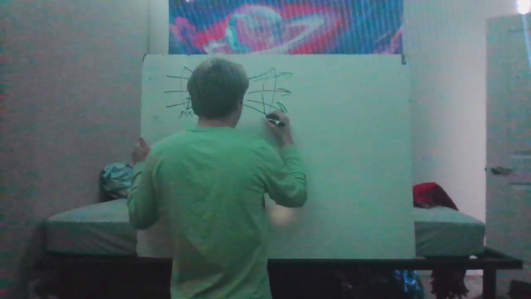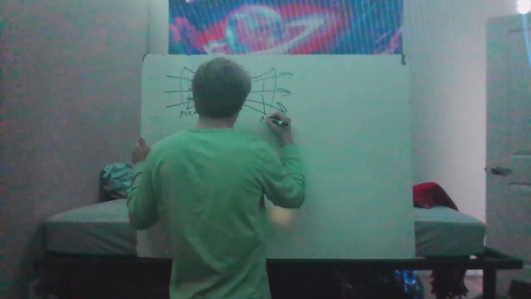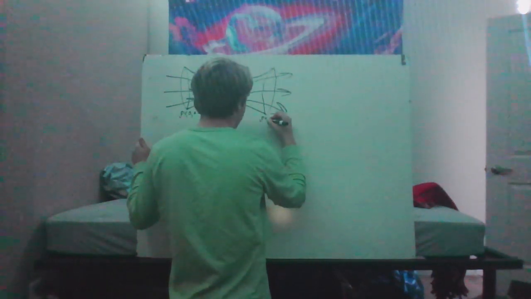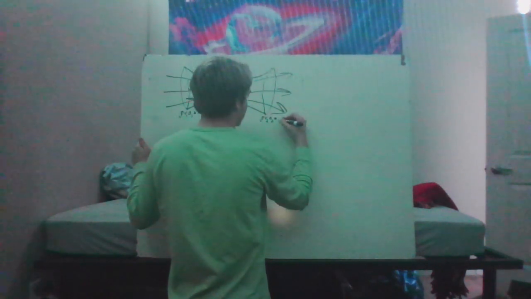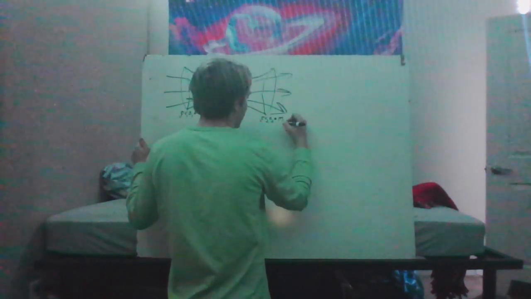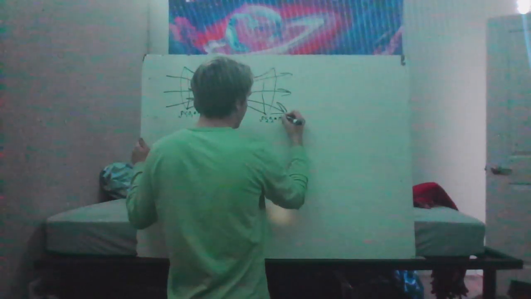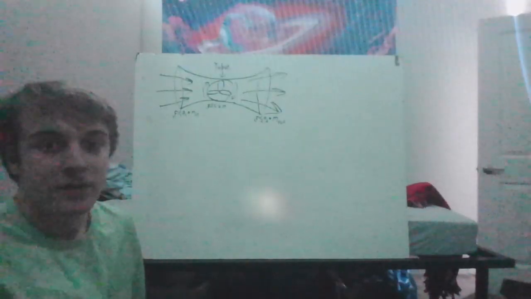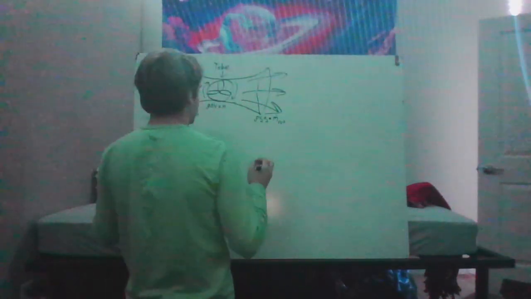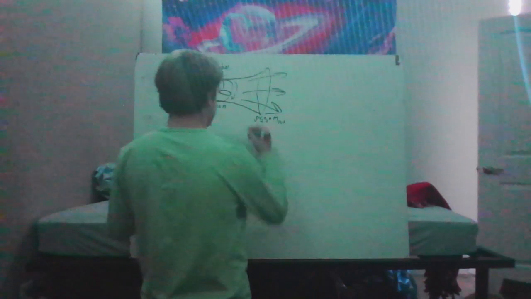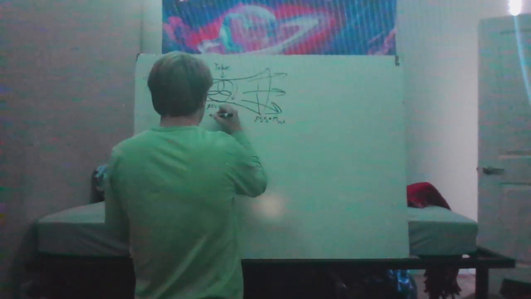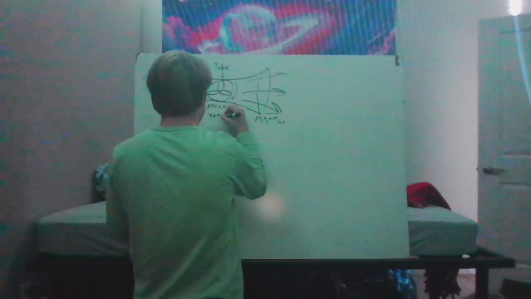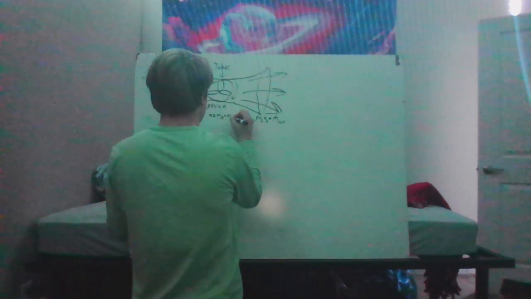And then for the outlet, again, rho times the velocity coming out and the area is equal to the mass flow rate out. One more thing our problem stated was that it was at perfect efficiency. So basically what that means is that our mass flow rate is equal to our mass flow rate in and our mass flow rate out.